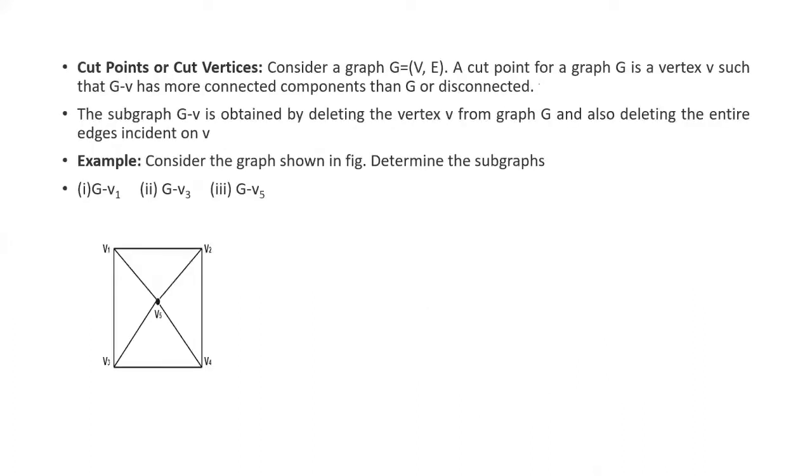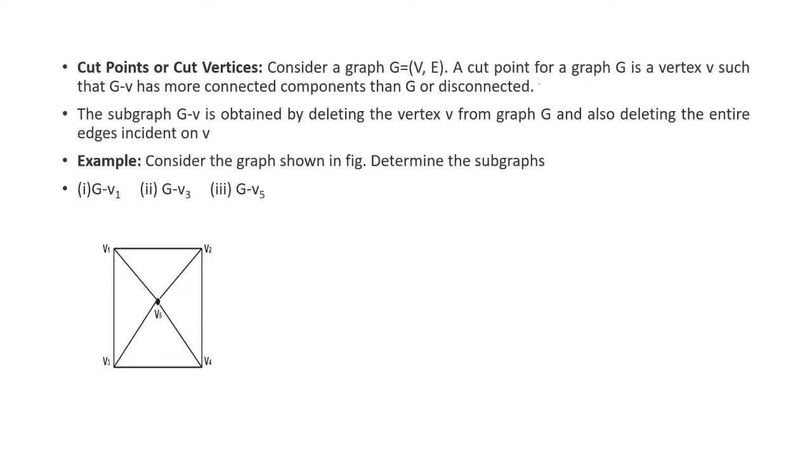Next, cut points or cut vertices. Consider a graph. Cut points are obtained by cutting or removing that vertex, right? Whenever we remove a cut point or cut vertex, we have to remove whatever edges are associated with that vertex.